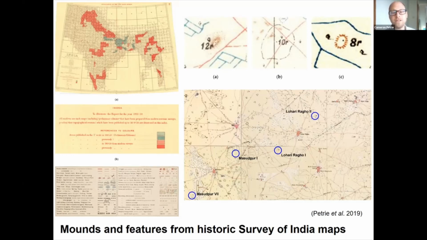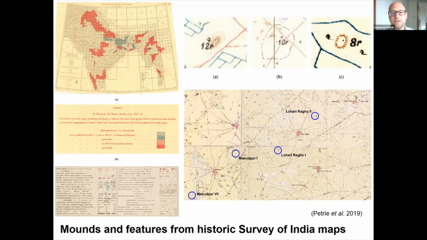What we've done in hindsight is to retrospectively look at the history of mapping that was carried out as part of the Survey of India in the 19th and early part of the 20th century, giving ourselves the opportunity to understand why these archaeological sites, heritage sites and features were being documented deliberately, as Azadeh pointed out, but also why they were being documented effectively accidentally.